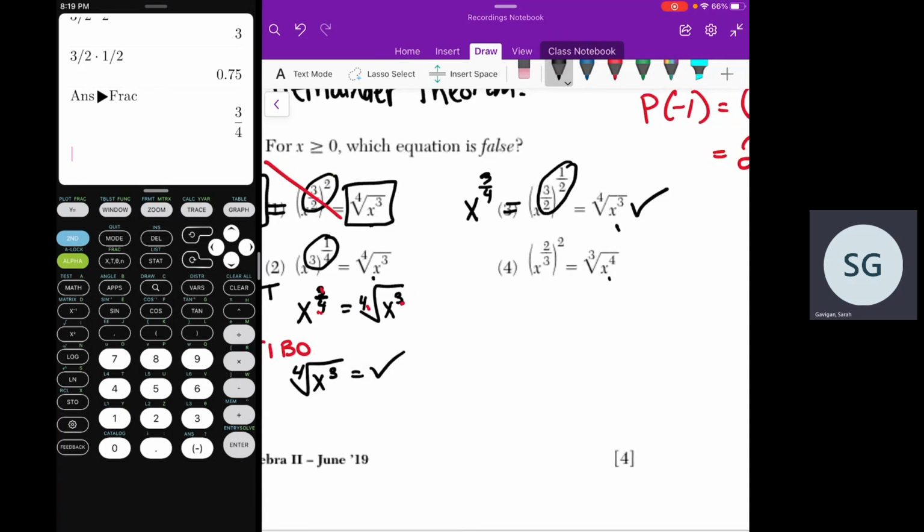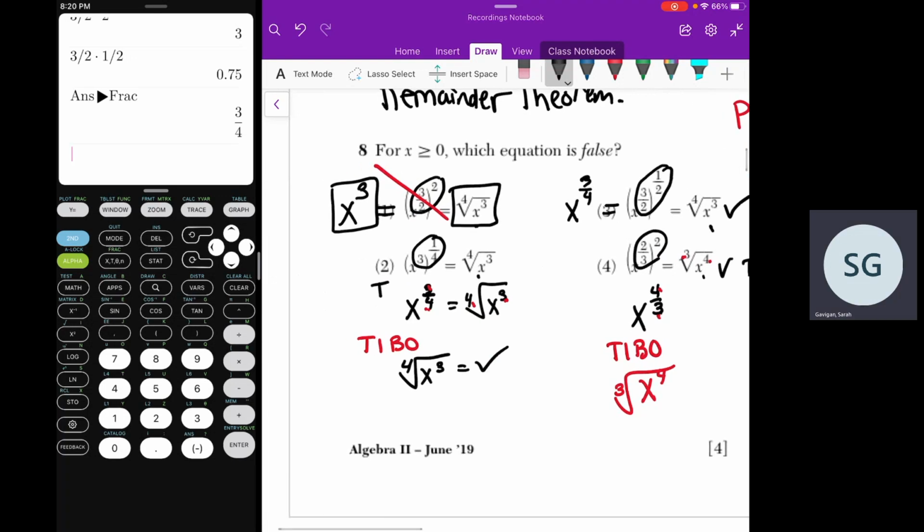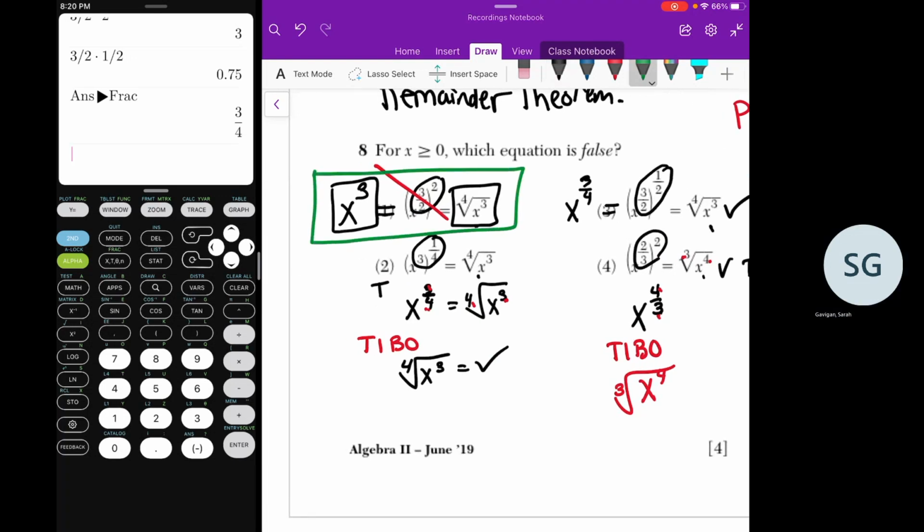So that is true. Again, we're going to do this. Now we have x to the 4 thirds. And if we do top in, bottom out, top is going to be inside, so x to the 4th. Bottom is going to go outside, which is that cube root. So this one is also true, and that's why the answer to this problem was choice 1.